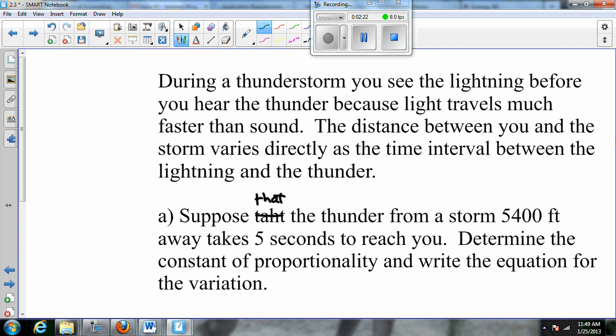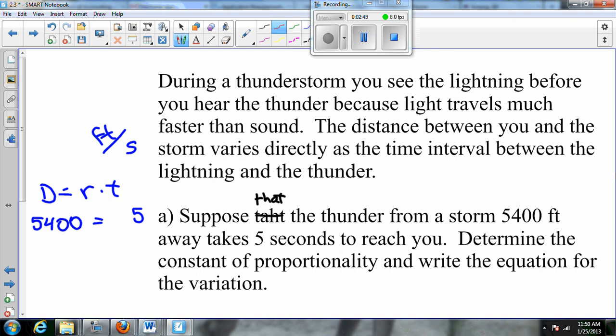Okay, so we are going to use the formula distance equals rate times time. So we are told the distance is 5,400 feet. And it takes 5 seconds. So time is 5. So we are in feet per second. So it asks us to find the constant of proportionality.